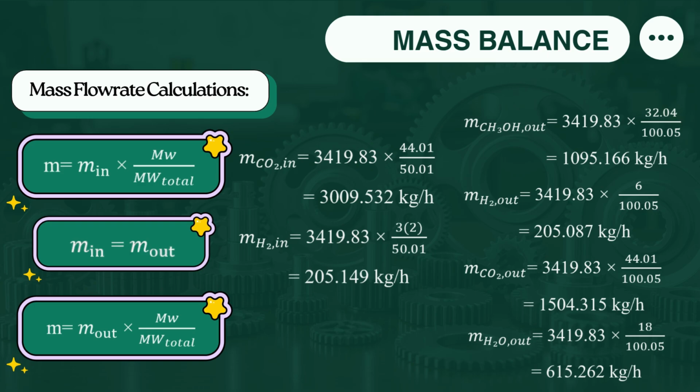For the outlets, we have methanol with the mass flow rate of 1095.166 kg per hour, hydrogen gas with 205.087 kilograms per hour, CO2 gas at the outlet which has 1504.315 kilograms per hour of mass flow rate, and lastly we have 615.262 kilograms per hour for the mass flow rate of water.